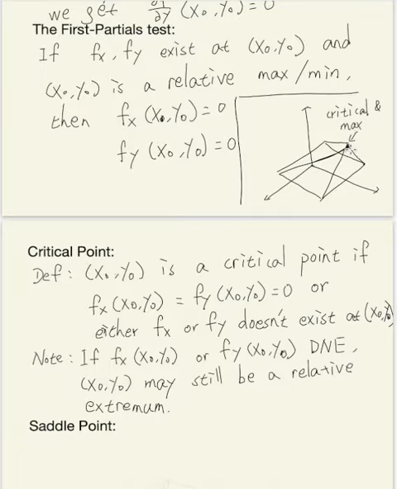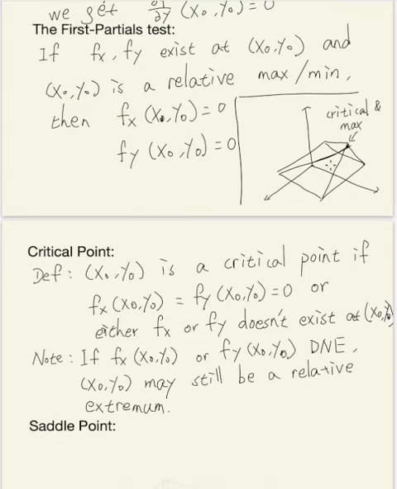Now this point obviously is still a relative maximum, but you can tell that the derivative doesn't exist because it's a sharp angle. Whenever you have a sharp angle or a sharp corner, it means the derivative doesn't exist at that point, because if you go to this point from this side or this side, you get two different velocities.